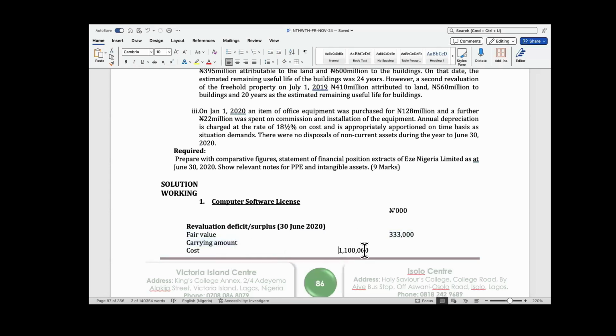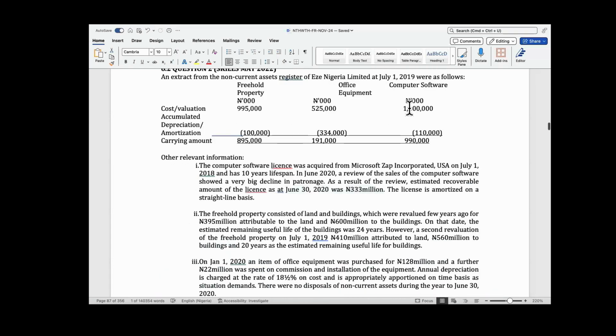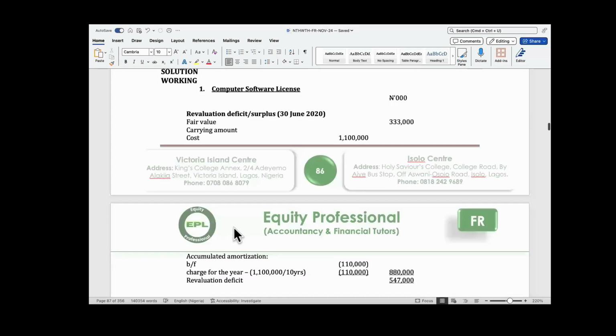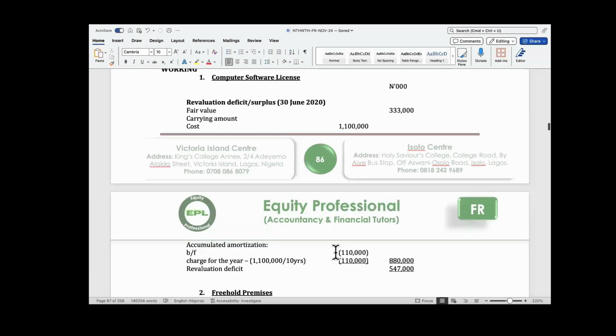The cost of this computer software in the schedule was given as 1.1 million. The accumulated depreciation brought forward from last year is 110 million from the schedule.